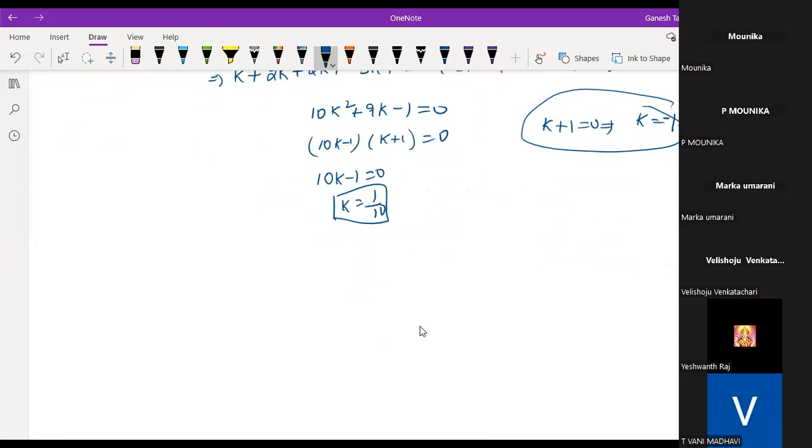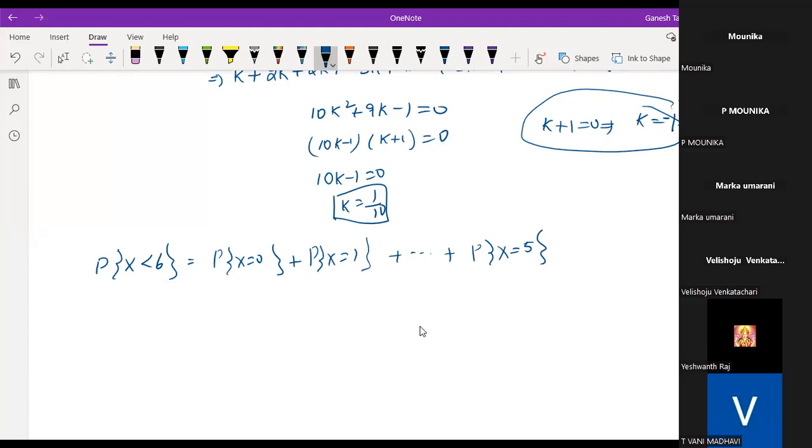And the second question, probability of x less than 6. What does it mean? Probability of x equal to 0 plus probability of x equal to 1 and so on, plus probability of x equal to 5.